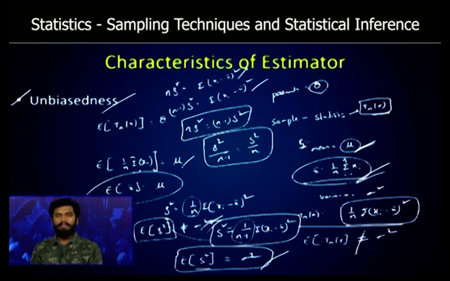The thing we have discussed here is that the sample mean is an unbiased estimator of the population mean, whereas the sample variance with n is not an unbiased estimator of the population variance, whereas expectation of capital S square is an unbiased estimator of the population variance.